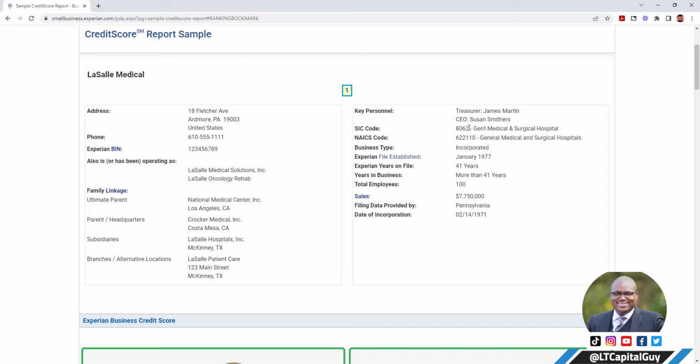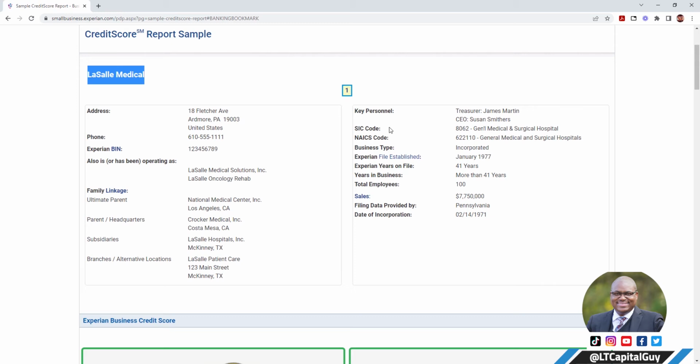If you have a lawn care company, your SIC code would be specific for that type of business. If you have a lending service, your SIC code would be specific for that. In this particular case, the SIC code that best describes this business, LaSalle Medical, is 8062.